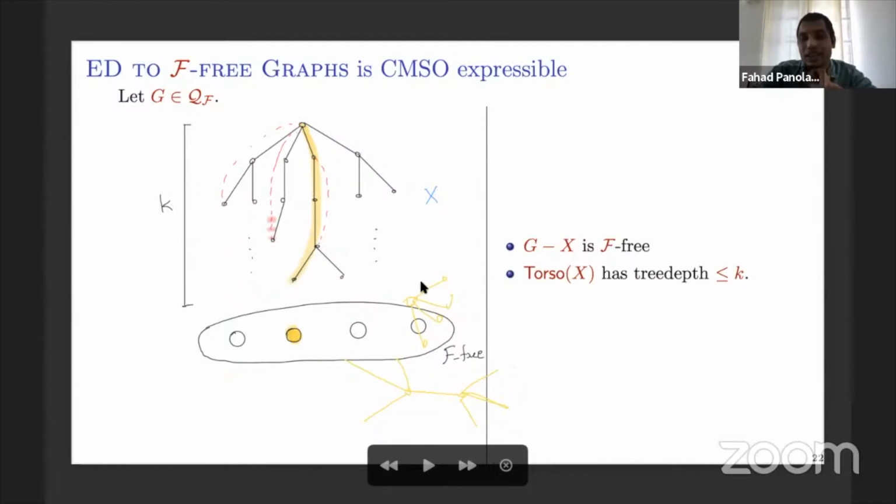Because of that, look at this elimination forest: the edges of the torso of X will form an ancestor-descendant relationship in this tree. That implies that the torso of X, the graph on X with some additional edges, has tree depth at most k.